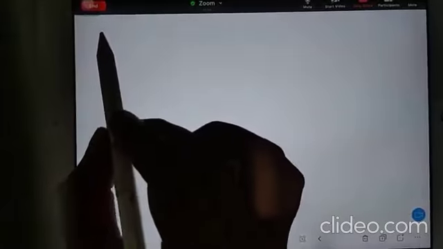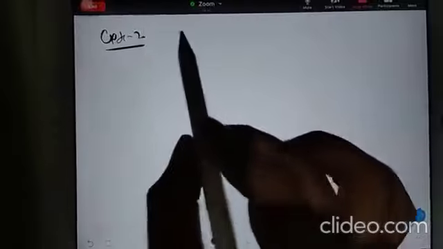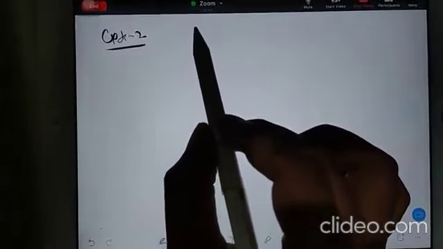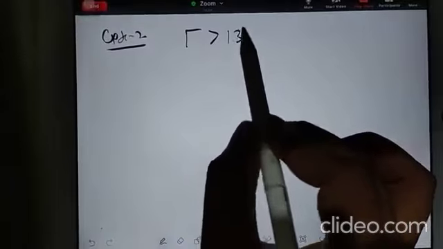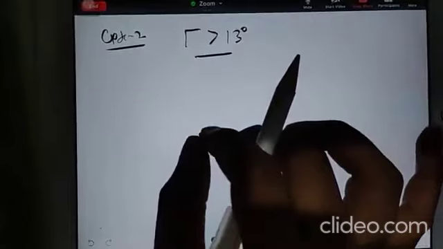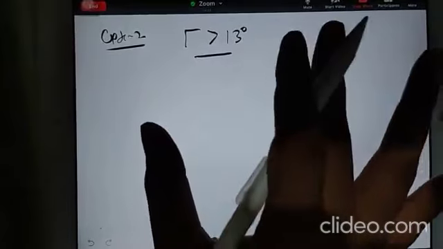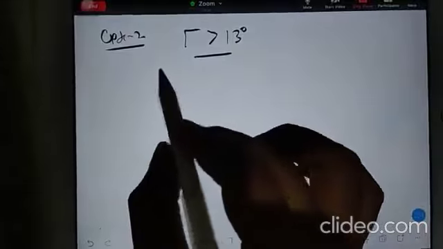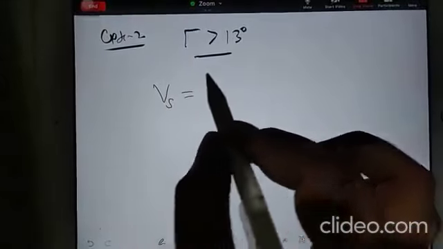Now see, case 2. In case 2, when your gamma is considered to be greater than 13 degree, you don't have any classical situation, because you are not going to keep anything 1 or 0. So directly you have the Vs value.